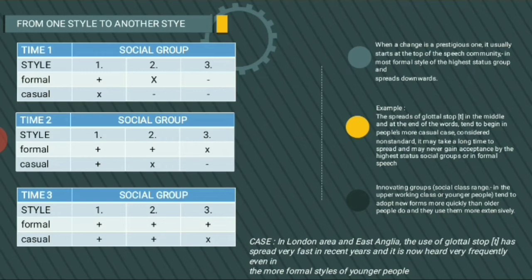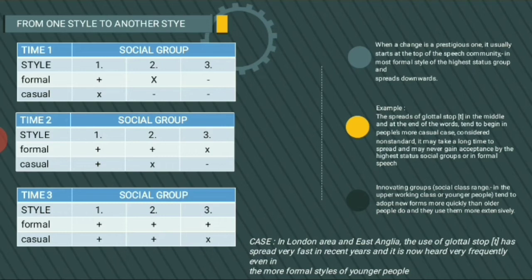In time 1, in the style used in groups 1, 2, and 3, group 1 has formal situations, but group 2 only uses it in certain situations, and the third group doesn't have formal use. And group 1 only uses casual style in certain situations, but groups 2 and 3 don't have it.